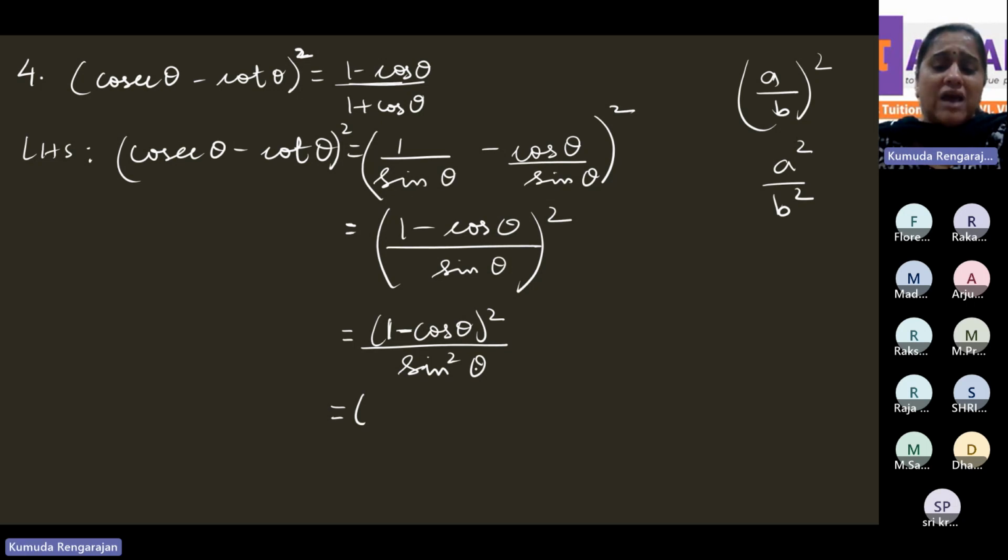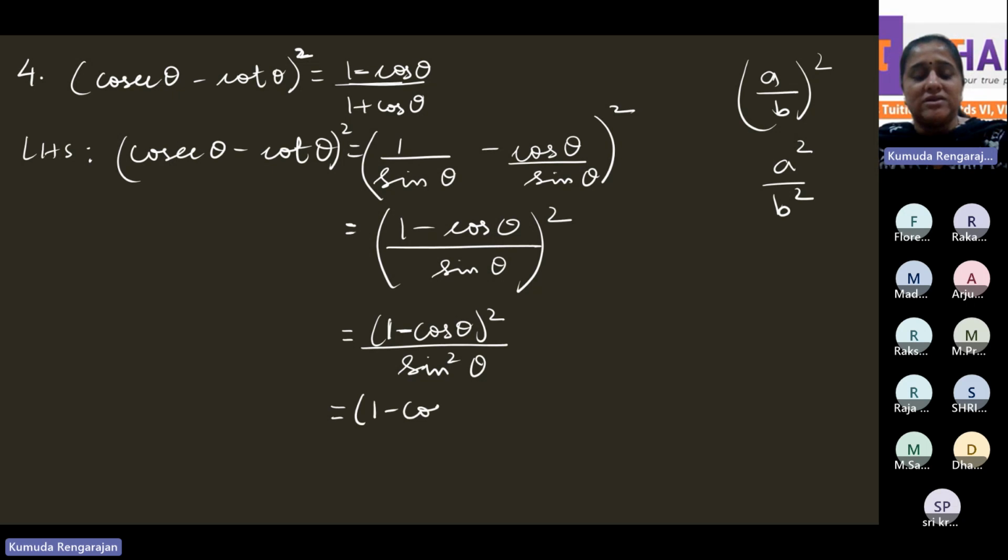Now you're here. Actually, it's like you don't know what to do next. So you look at the RHS. RHS is 1 minus cos theta by 1 plus cos theta. So you realize that RHS does not have sine theta in it. So the next step is to replace sine square theta with cos terms, because the RHS has only cos.